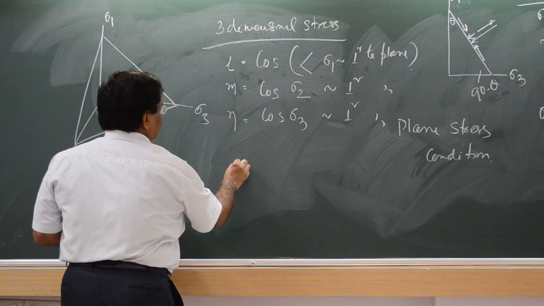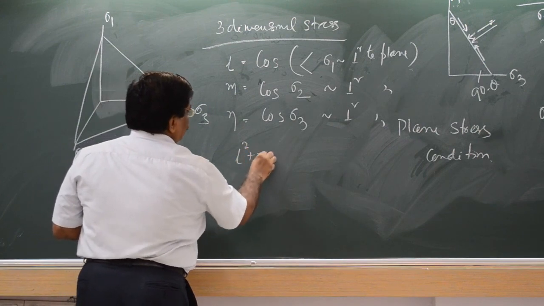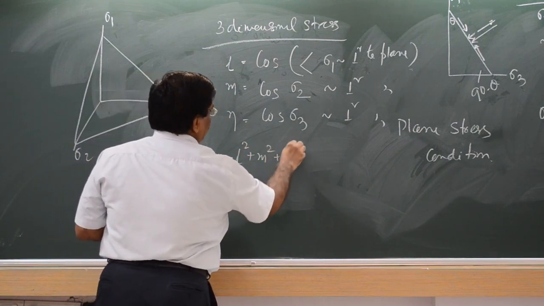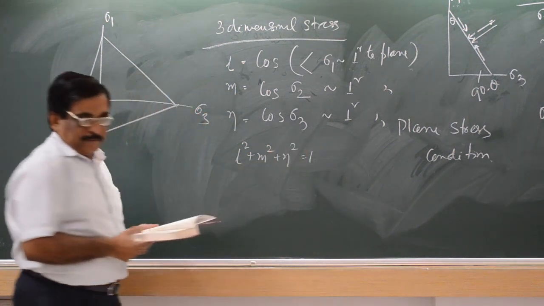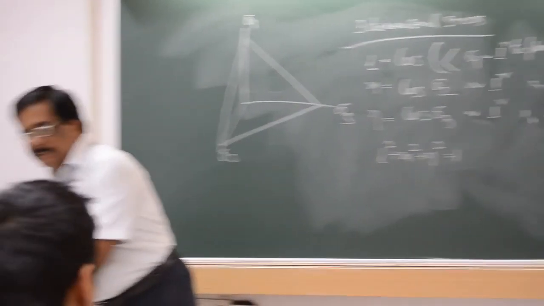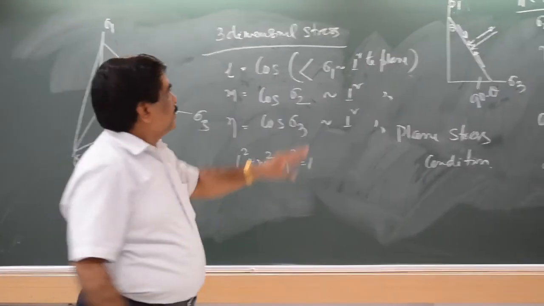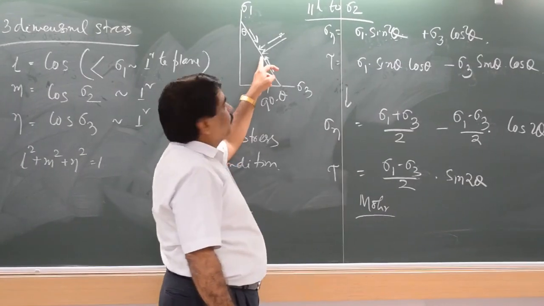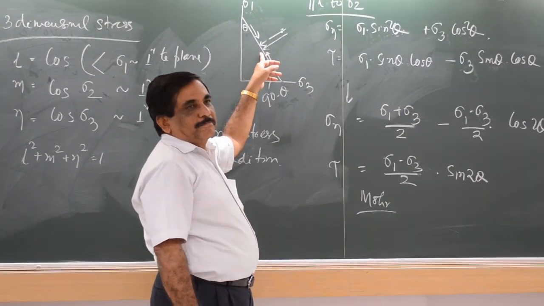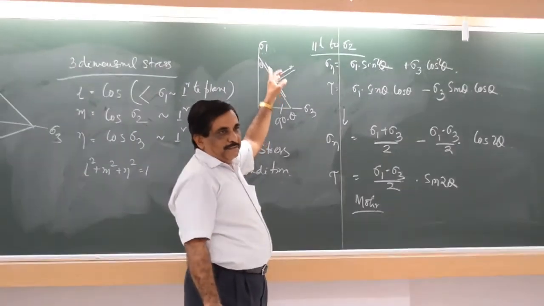Now you know the relationship between the three angles. L squared plus M squared plus N squared is equal to 1. This is the Pythagoras proof, like this square plus this square is equal to this square. That is the two-dimensional case.